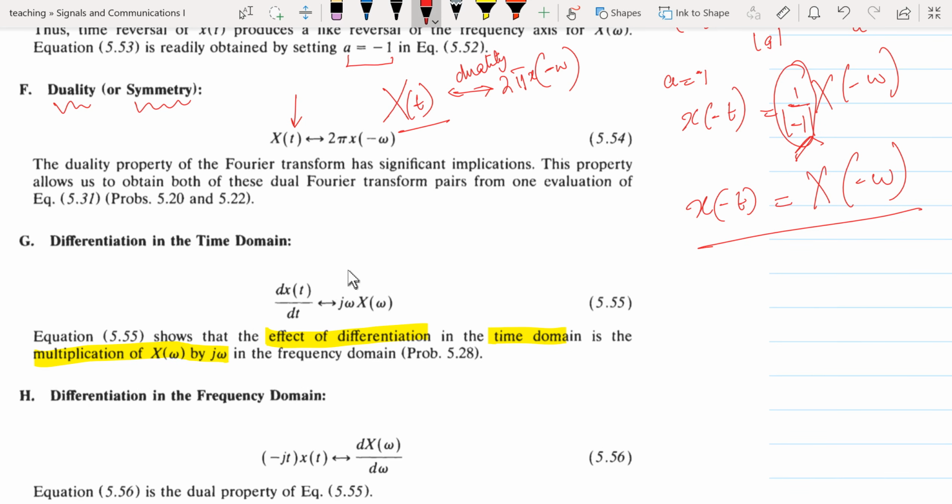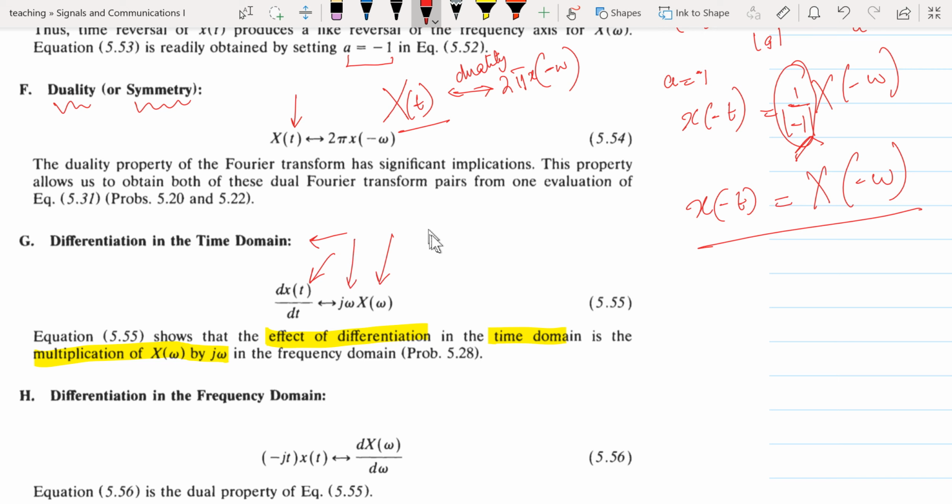Similarly, we talk about the differentiation property. We ask ourselves, if we differentiate our signal in the time domain, what happens to its frequency component? And we are saying that we just introduce a j omega to its frequency component.